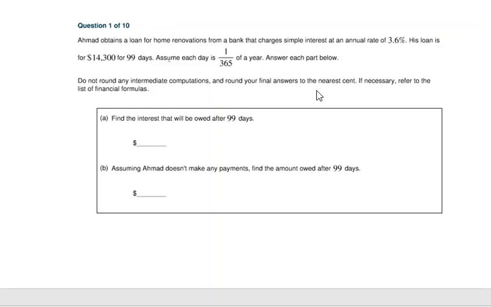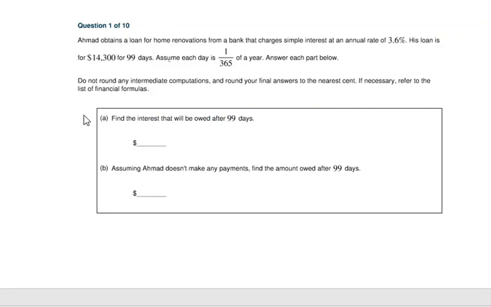Answer each part below. For each of these questions, you want to figure out the information that you've been given, and then figure out the information they are looking for, the thing that you were not given.